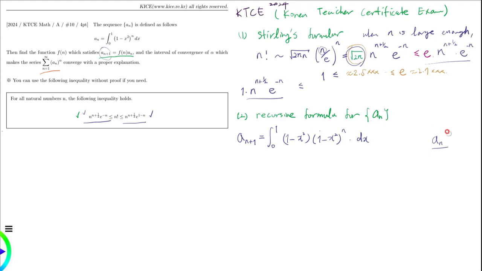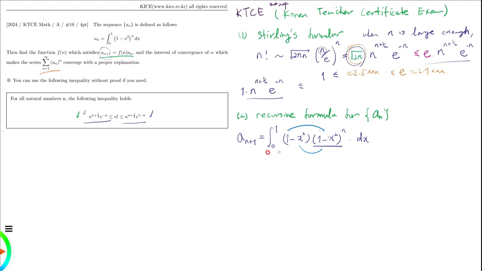Okay, this looks more clear when I distribute each term with the second term here: 1 times the second factor, and 1 minus x squared times the second factor.